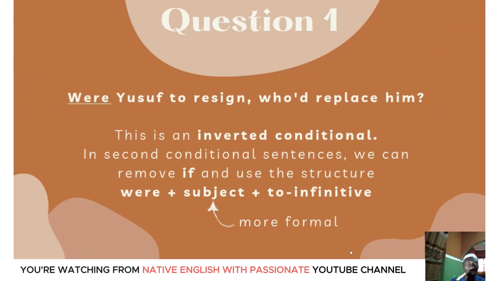Or if I were rich, I would travel the world. That is also the second conditional, used for something that is unrealistic. If I were rich, I'm not rich. So I wouldn't travel the world because to do that requires a lot of funds, right?